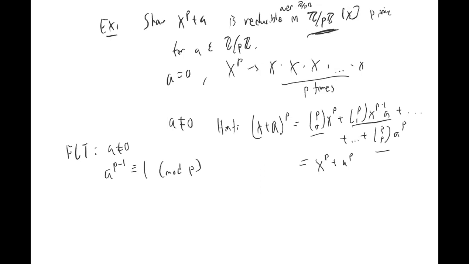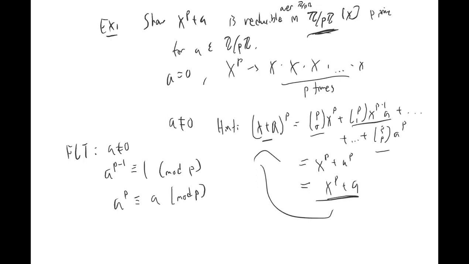Good. So if I multiply by a on both sides, I get a to the p equals a. Now you see this is reducible, because x to the p plus a factors as x plus a to the p. And this is certainly reducible, it's just x plus a, p times. It generalizes from here. Sorry, this is Fermat's little theorem.